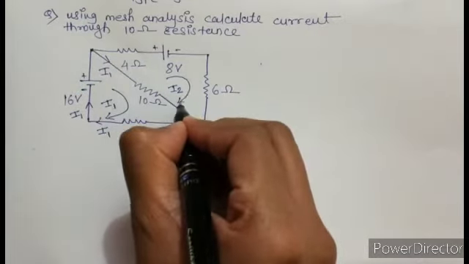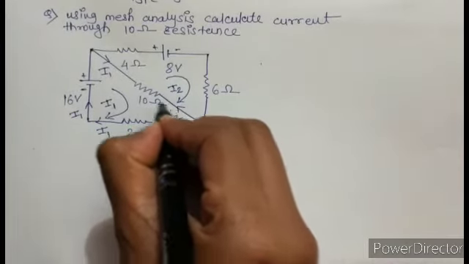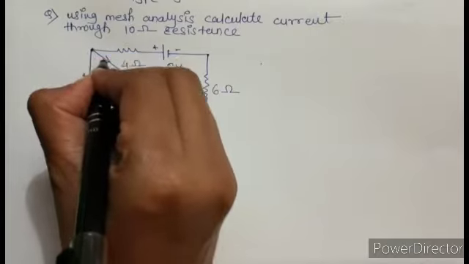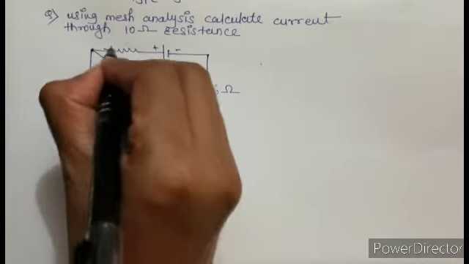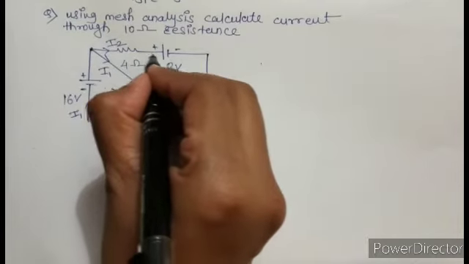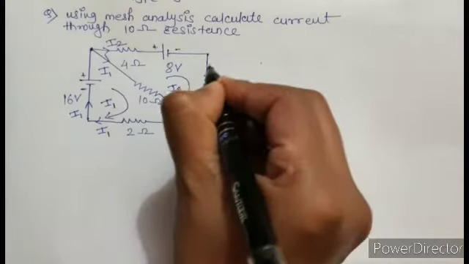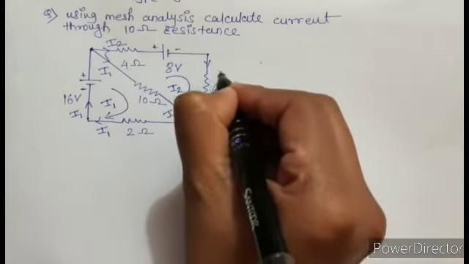Now the loop I2. Current I2 starts flowing from here, and due to this node it passes through the 4 ohm resistor, and further passes through the 8 volt and comes through the 6 ohm resistance.